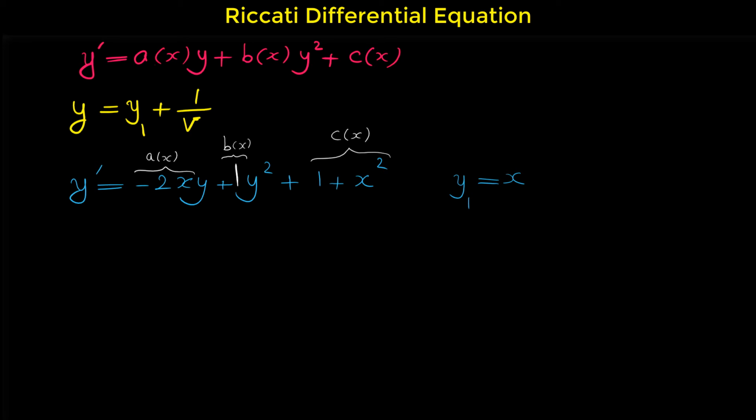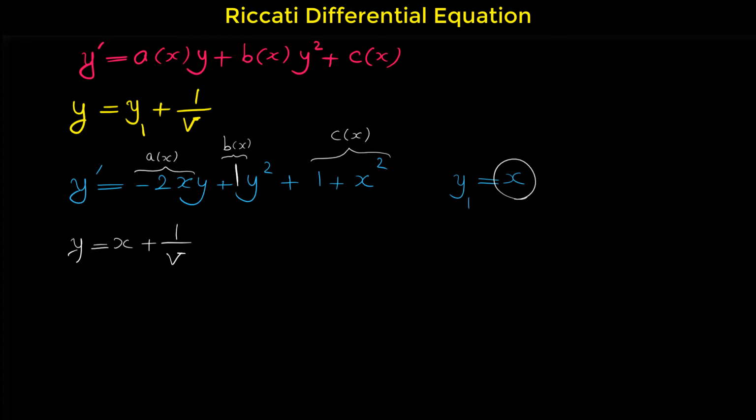But here we want to find the other solution. For finding y, we use this substitution. So we say y equals y1, which is given as x here, plus 1 over v. So here we want to replace y with v.